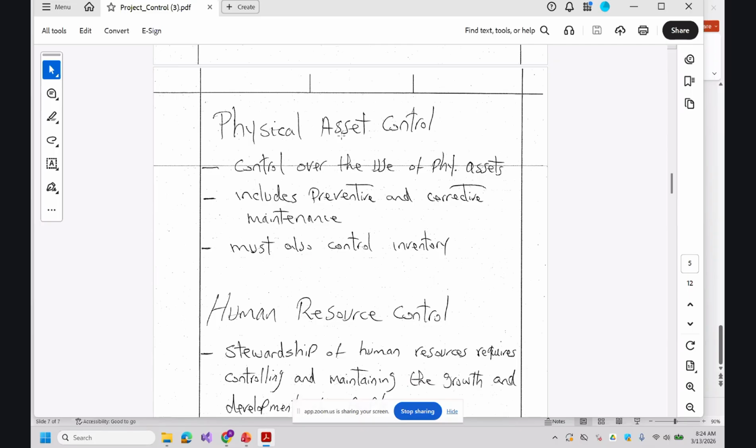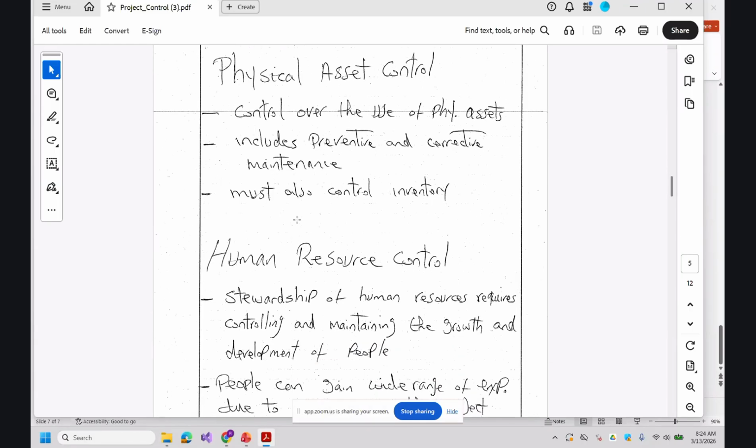One is called physical asset control, correct? You're controlling your physical assets and taking preventive and corrective maintenance.